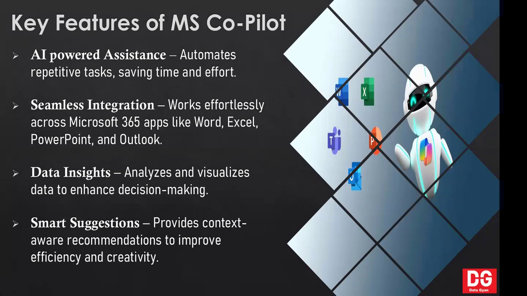Even if you are creating a presentation, it generates slides with relevant content and visual representations, or pictures or images. But it doesn't stop here. It provides data insights in Excel, smart suggestions in Word, and seamless collaboration in Teams. It's like having a personal AI assistant who knows exactly what you need and guides you with real productivity.